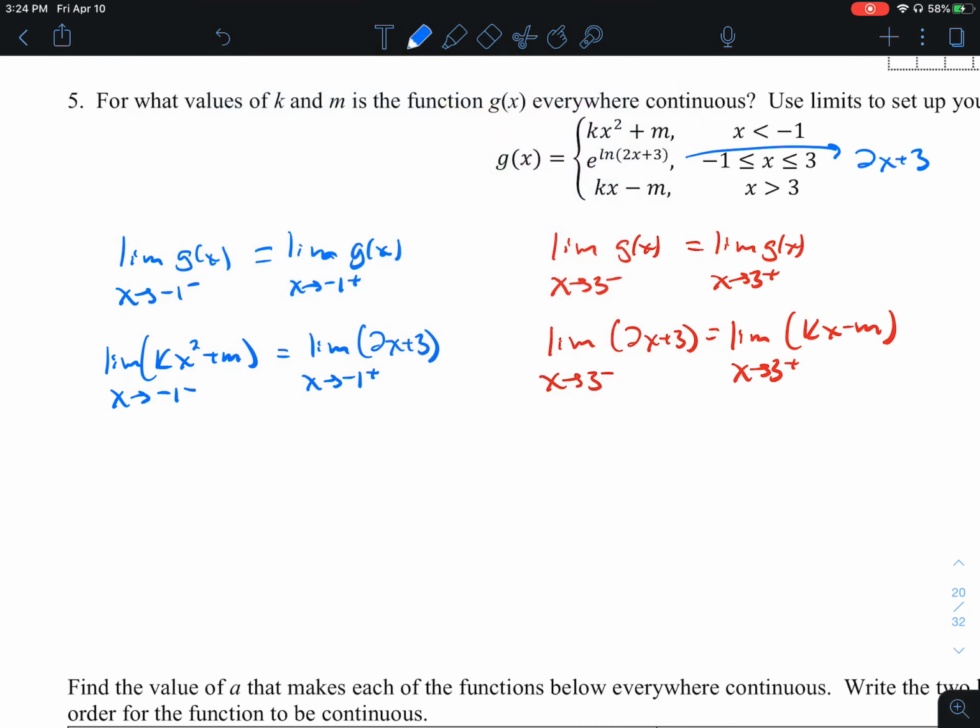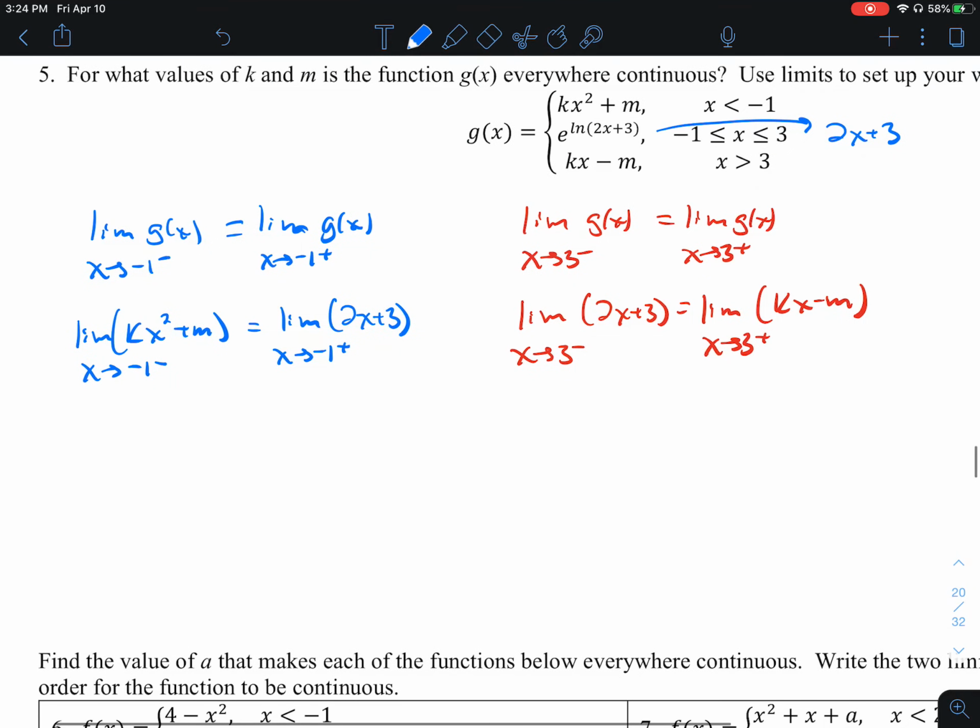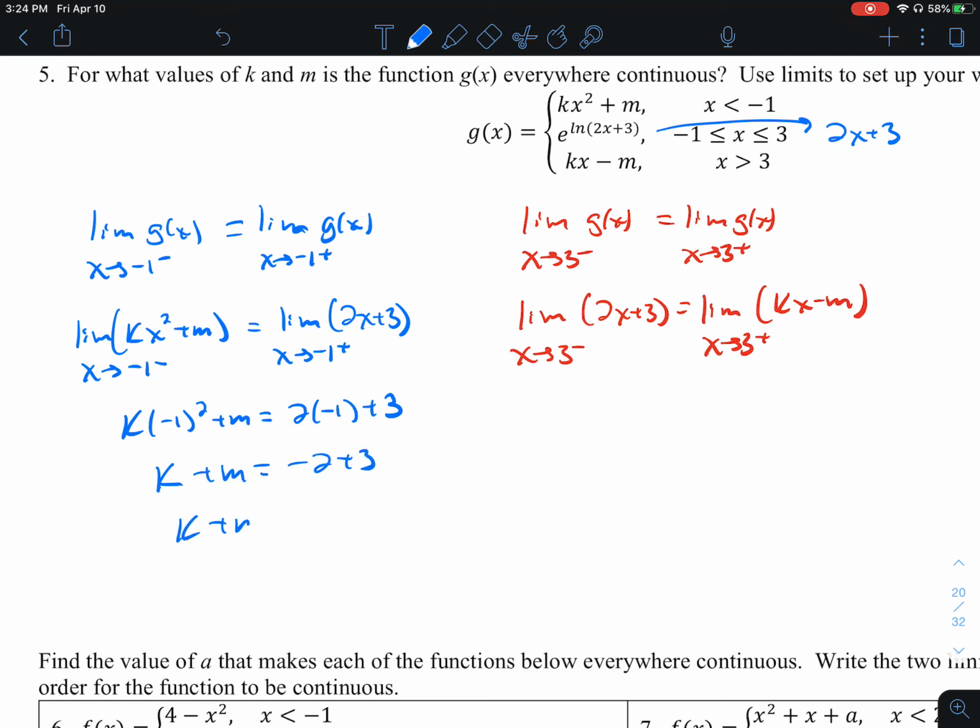So solving this first one, to evaluate the limit, we're going to put -1 in for the x value. We're going to have k times -1 squared plus m. On the right, we're going to have 2 times -1 plus 3. It's going to be k plus m equals 1.